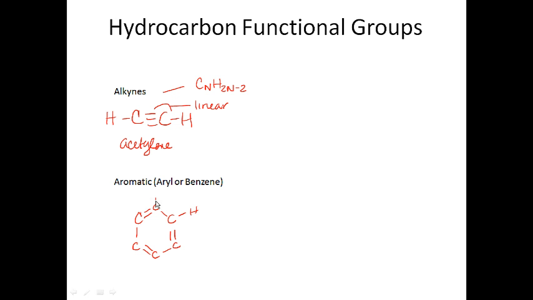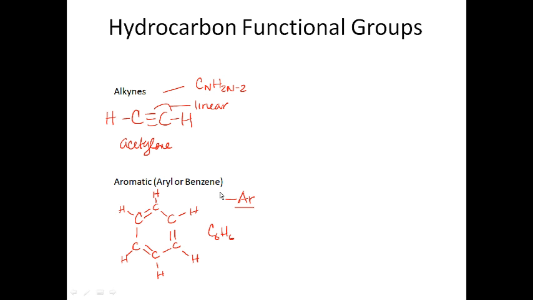Benzene itself, the simplest aromatic compound, has 6 hydrogens attached to the 6 carbons, so it's C6H6. If you replace one of these hydrogens with something else, then it really becomes an aromatic or aryl functional group.